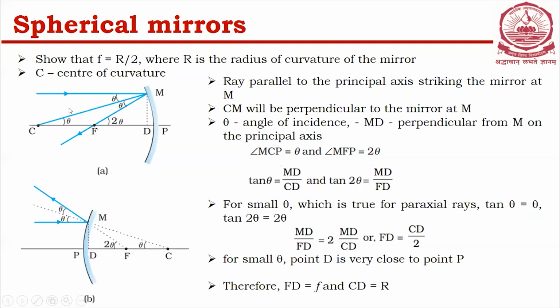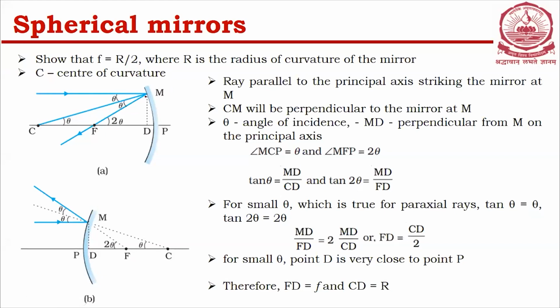This is the line joining the center of curvature and this particular point, and this angle is theta, and MFP is 2 theta. Why is this 2 theta? Hope from this diagram you will be able to understand, because this is a parallel ray, and from this parallel ray to this line is theta plus theta. So it is 2 theta. Hope it is clear for you.